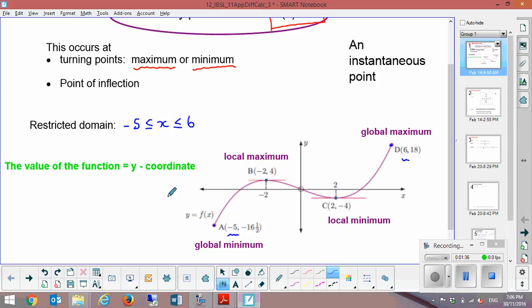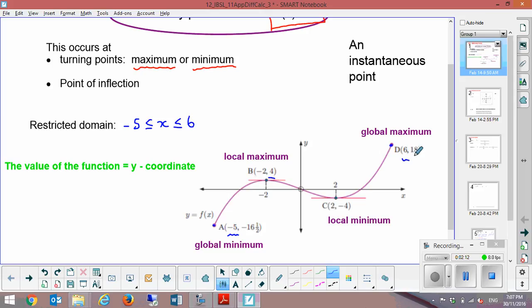Now when we want to talk about maxima or minima, we're talking about the y value. So the y coordinate tells us the value of the function and tells us whether we've got a maximum value or a minimum. We called this one a local maximum because it's reached up to a high point and then started going down, but it's not what we call a global maximum, because in this situation, this point here at the end of our domain has a higher value at 18 compared to this one where it's only 4.